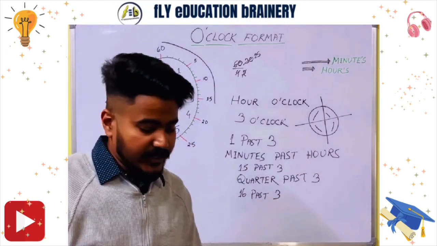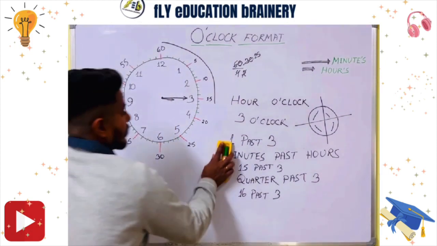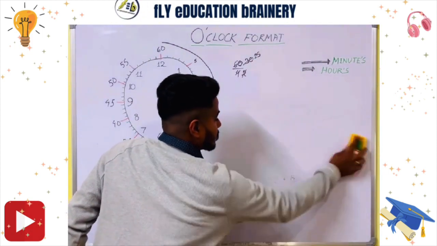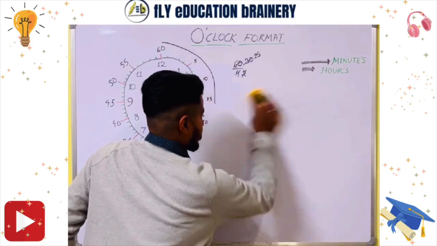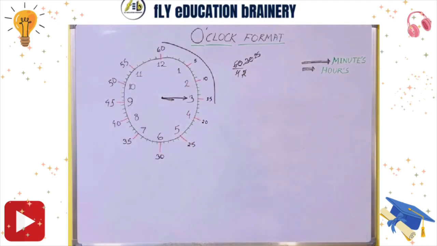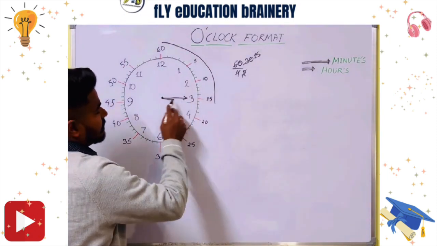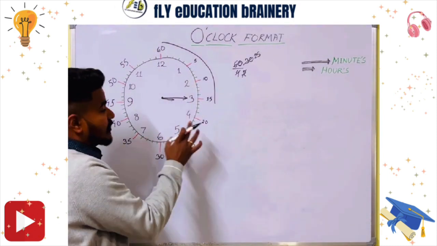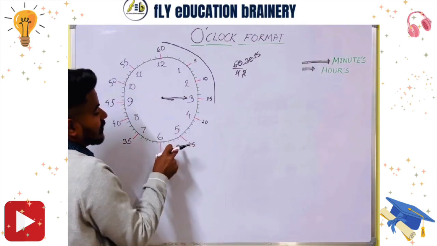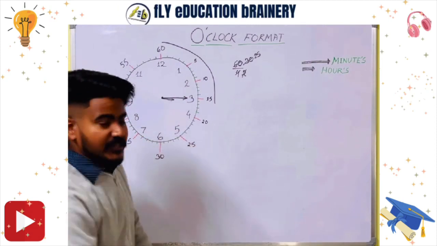Clear till here? Now when the minutes hand moves towards 20 minutes, it will be 20 past 3. When the minutes hand moves towards 25 minutes, it will be 25 past 3.